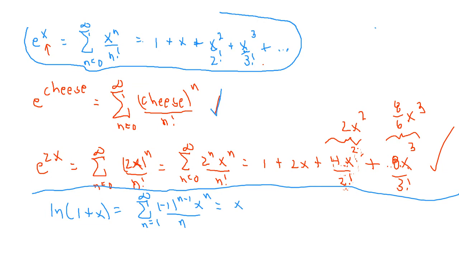That is x minus x squared over 2. How many of you recall this one from section 8.6? It's an alternating series.